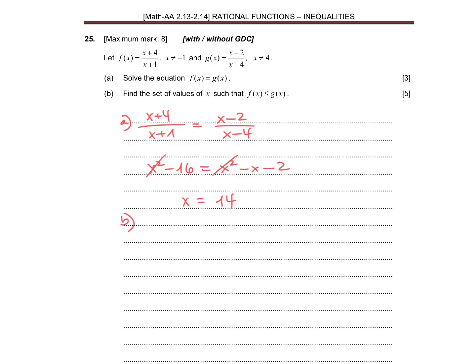For B, find the set of values. So (x plus 4) over (x plus 1). We're going to subtract g of x. And this needs to be less than or equal to 0. So now we have to get the same denominator.